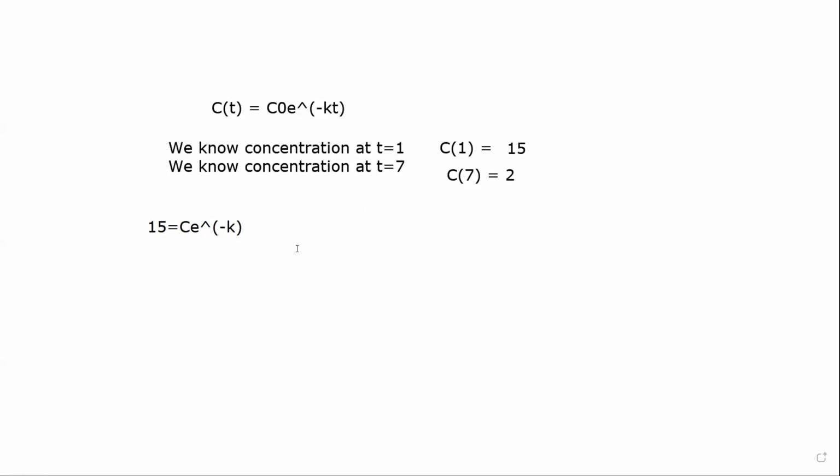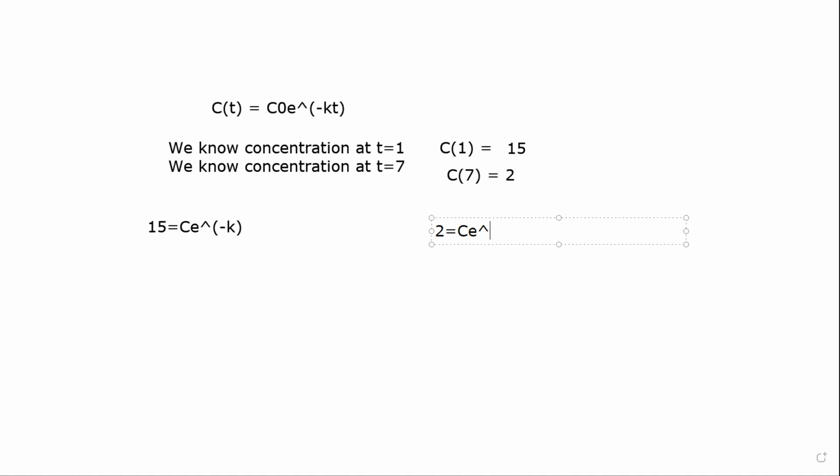Now I have another equation over here. I'm going to do the same thing with this other piece of information. So I'm going to say that 2 equals C e to the power of negative 7K.